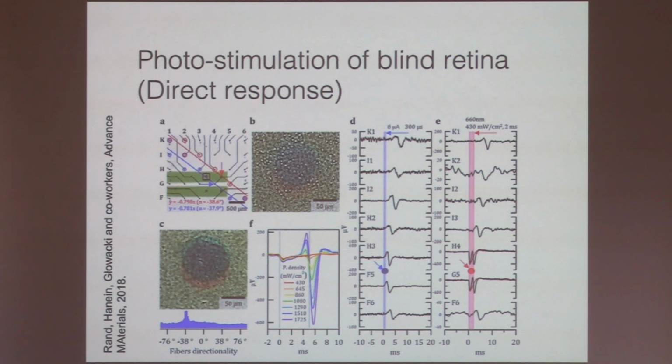We've seen examples, and we can see from the work of some of the other players in this field, that if it's not a direct response, if it's not an electrical effect, it would not be that short latency effect. It would be actually a very long latency effect. So this is very strong further support to the fact that we see a non-Faradaic, non-thermal process.